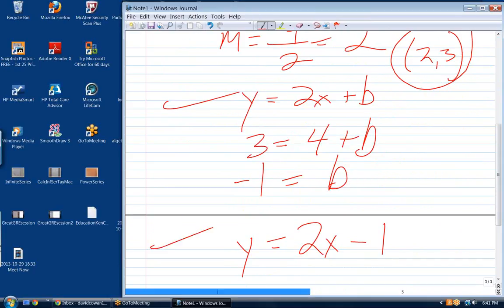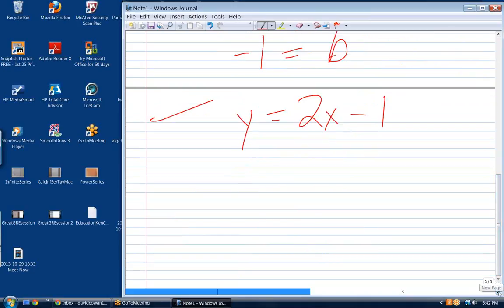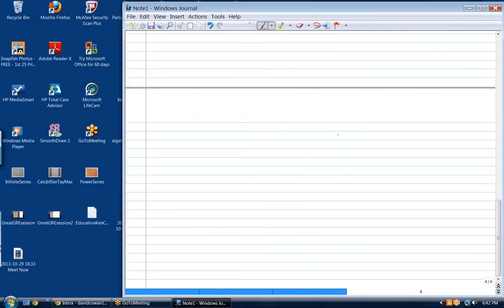And I can get this final equation if you give me 2 points, or if you give me slope and 1 point. In other words, let me create another problem. 2 points determine a line, and so does slope and 1 point.